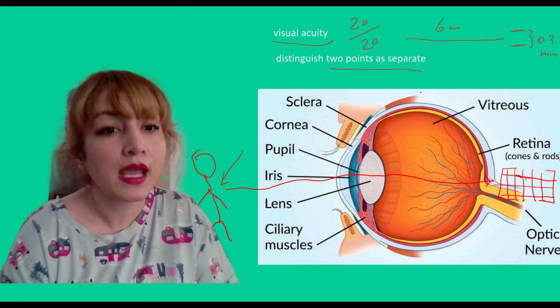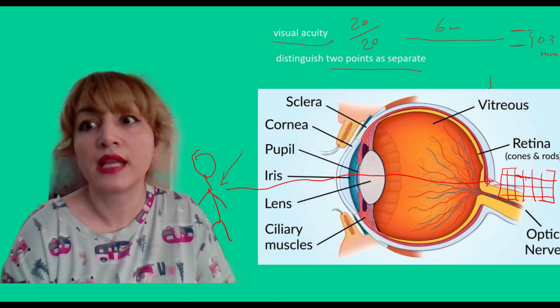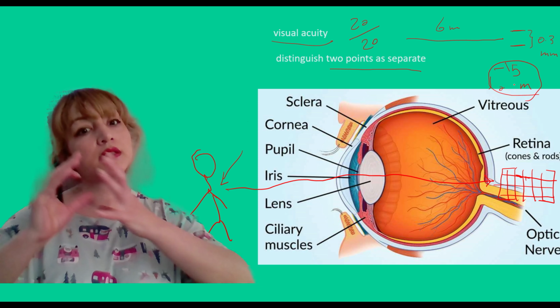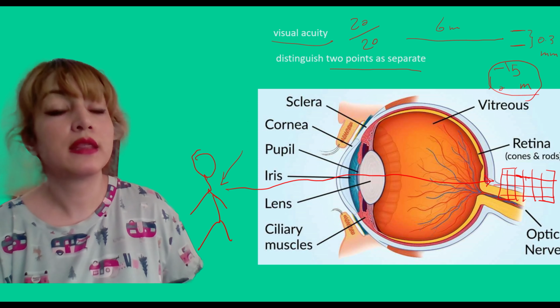That is way larger than the 10 to the minus 15 meter gap that exists between the nucleus and the end of an atom. That's why we don't see people as gappy like this. Instead, we see them as solid objects.